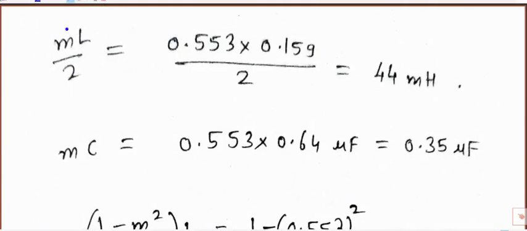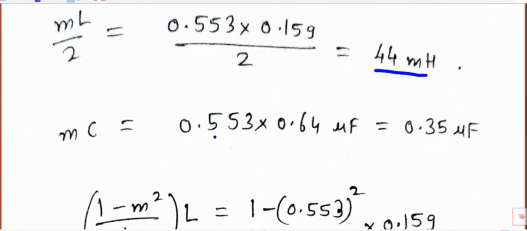Then you should calculate ML by 2. M is 0.553, L is 0.159, and divided by 2, its value is 44 millihenry. MC, M is 0.553 into C is 0.64 micro. So its value is 0.535 micro.